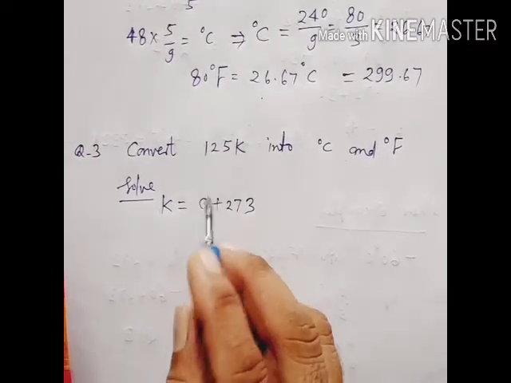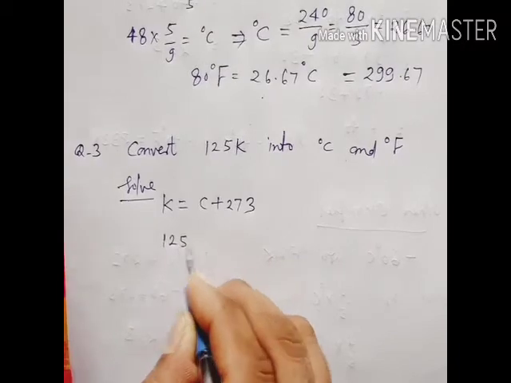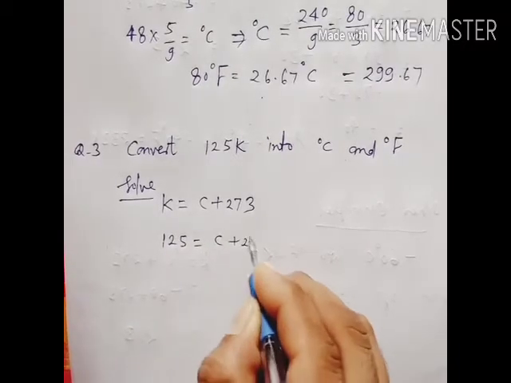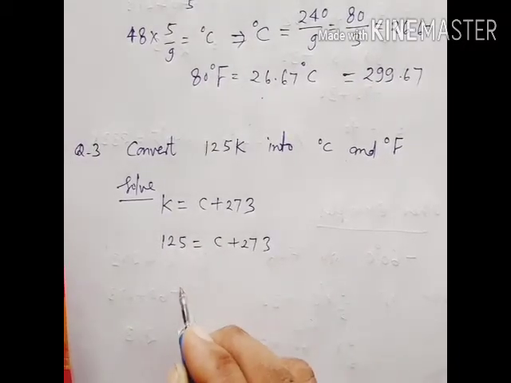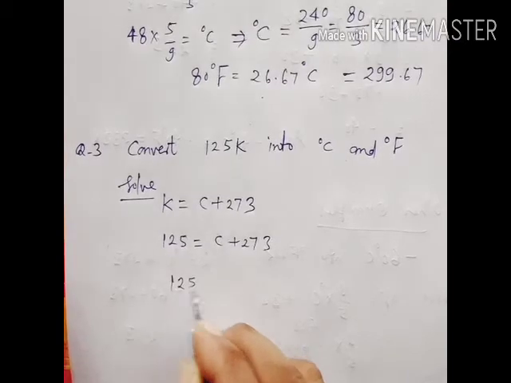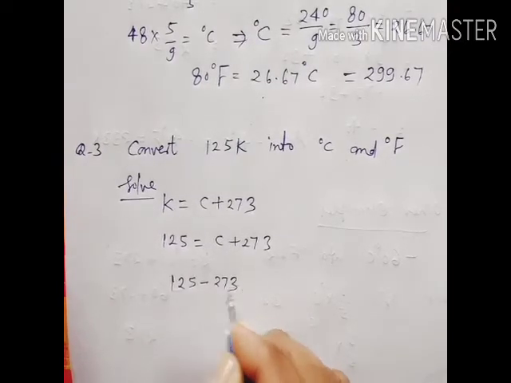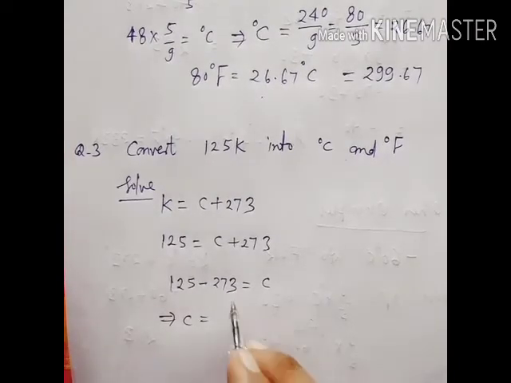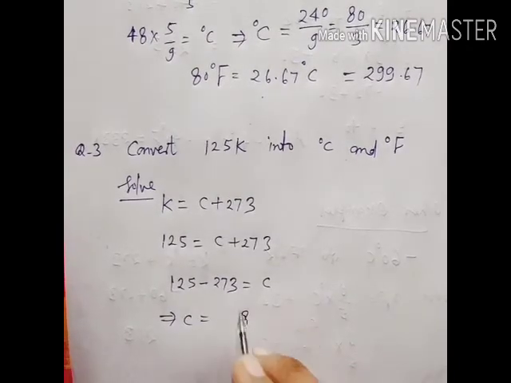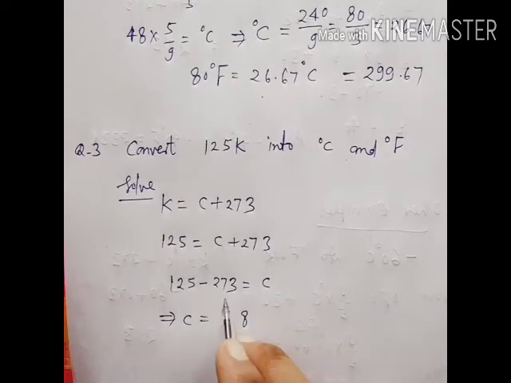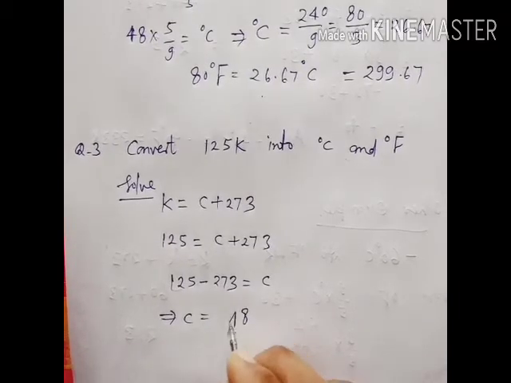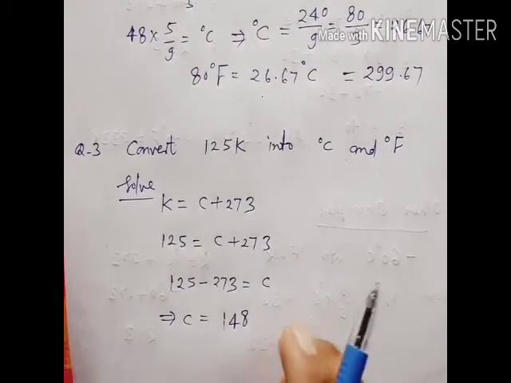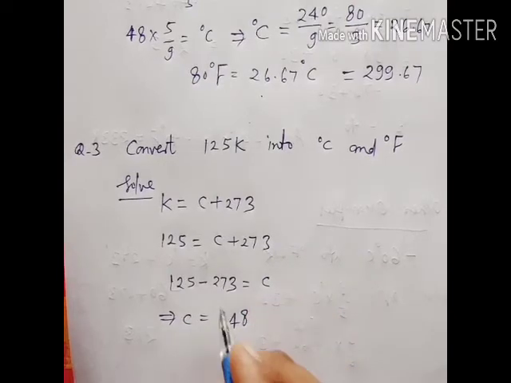Value of K is given. 125 is equal to C plus 273. 125 minus 273 is equal to C. Then the value of C is equal to minus 148.